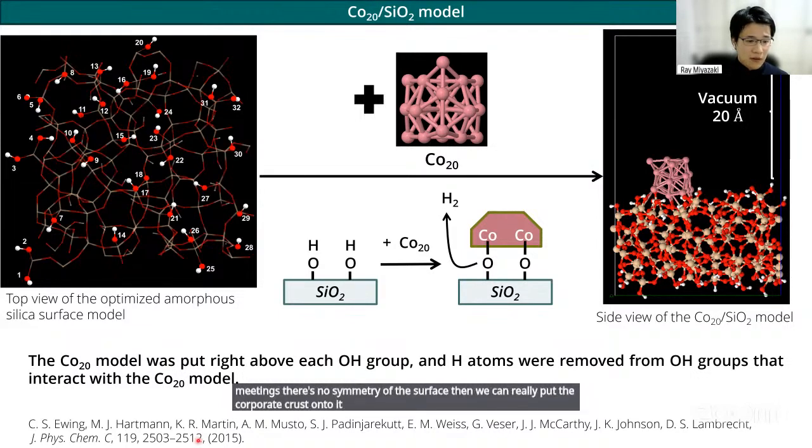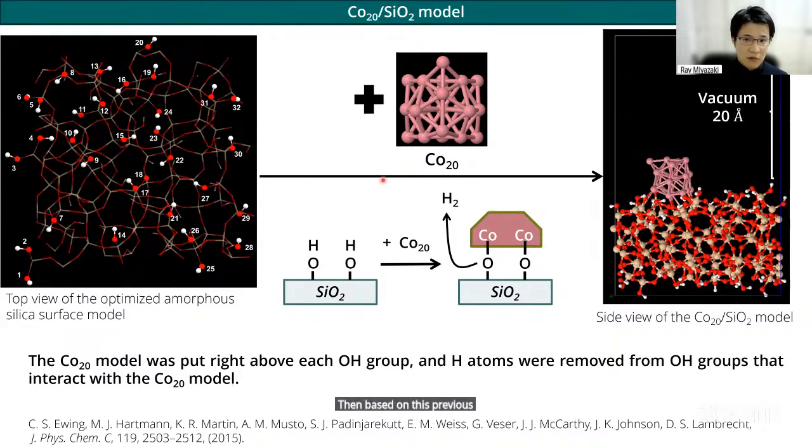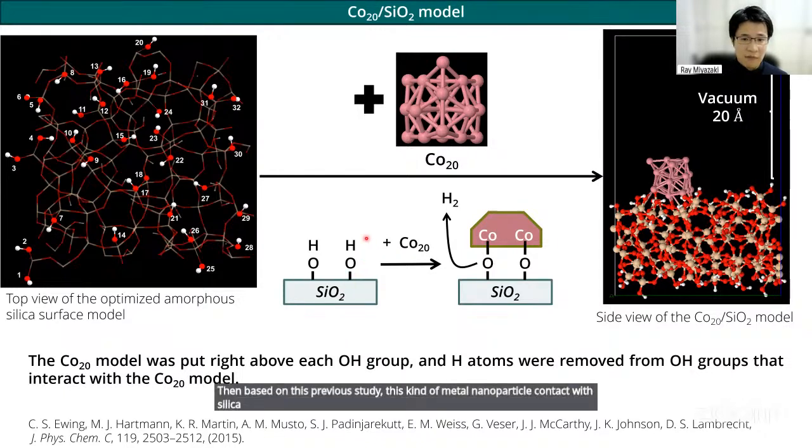Based on a previous study, this kind of metal nanoparticle contacts the silica by removing the hydrogen from the OH group. That means that by contacting the metal nanoparticle, it is directly bonded with the silica via an oxygen atom. I counted the OH groups on the surface of this model, and there are 32 OH groups.